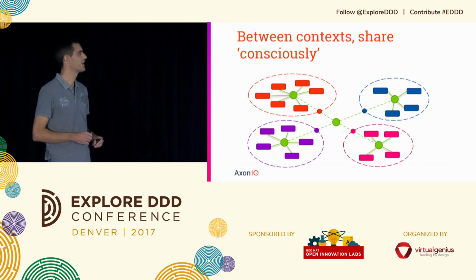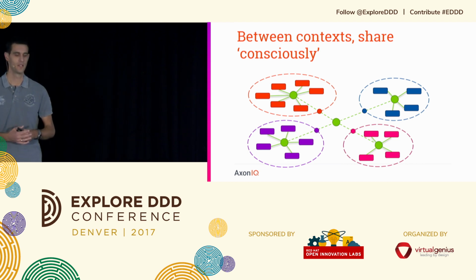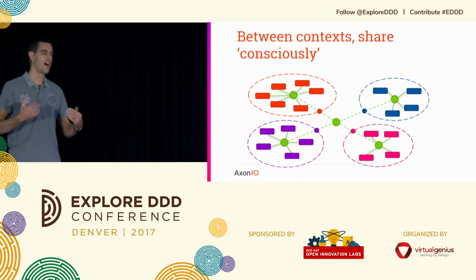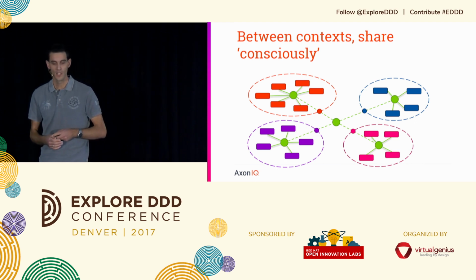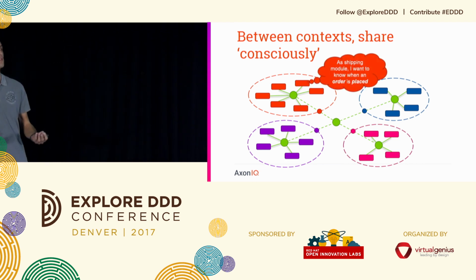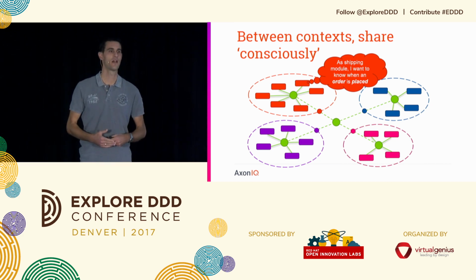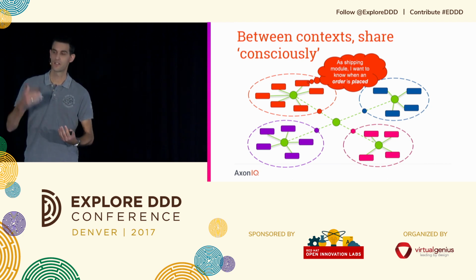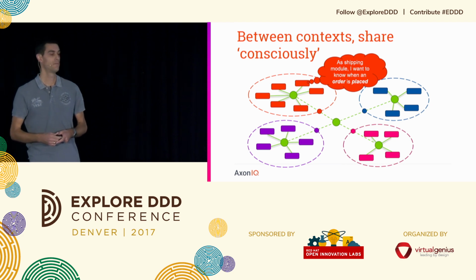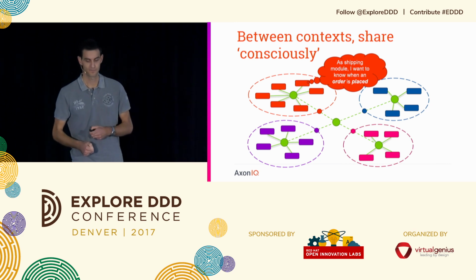And in between these contexts, you want to be more conscious about what types of events, or messages to be a bit broader, you want to share. You want to speak a somewhat higher level of abstraction language between them. So as a shipping module, I still want to know when an order is placed, because that is what I understand. I don't care about all the intermediate steps. They carry absolutely no value. And this order placed event probably contains the items that were bought in that order, as well as the address that they need to be shipped to.